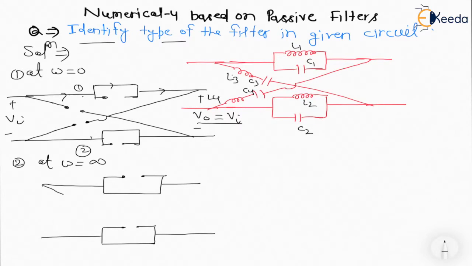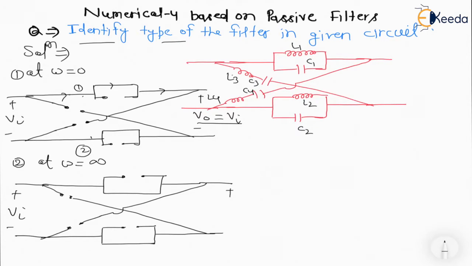The inductor will be open circuit and the capacitor will be short circuit. This is plus minus Vi, this is plus minus V naught. Let us assume this is 1, this is 2, this is 3, this is 4.